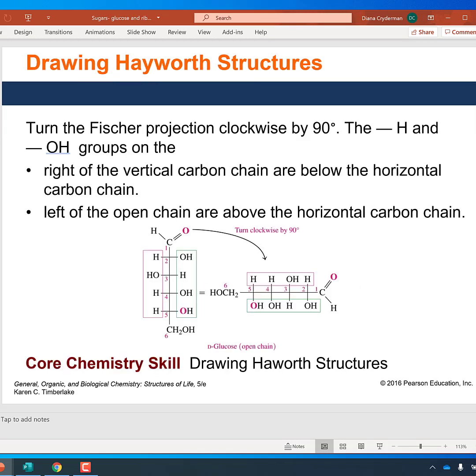When we've got a 6 carbon sugar drawn out in the Fisher structure, and we lay it down horizontally, we turn it clockwise 90 degrees. We're really going to look at creating a hemiacetal. In the case of glucose, we're going to take the aldehyde, and we're going to take the alcohol, the hydroxyl, from carbon number 5.